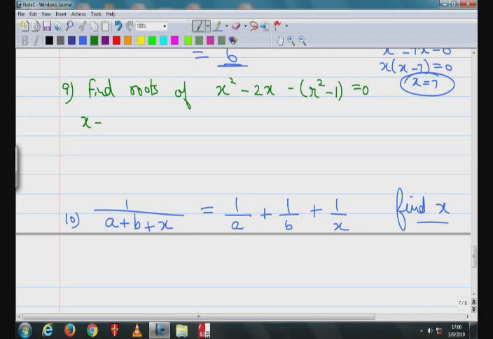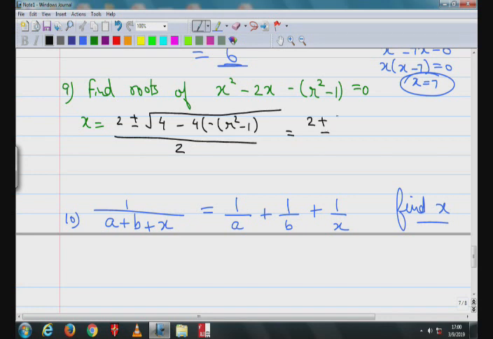According to the quadratic formula, x should be equal to minus b, so b is minus 2 over here. So that will become 2, minus b plus minus square root of b square minus 4ac. C is minus of r square minus 1, over 2a.